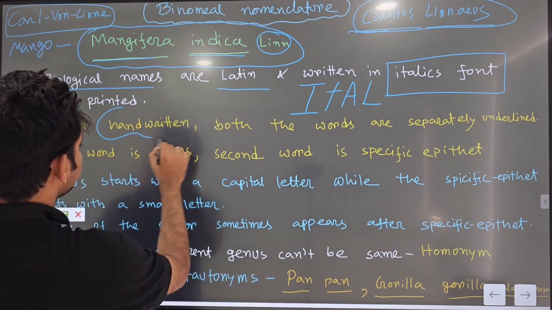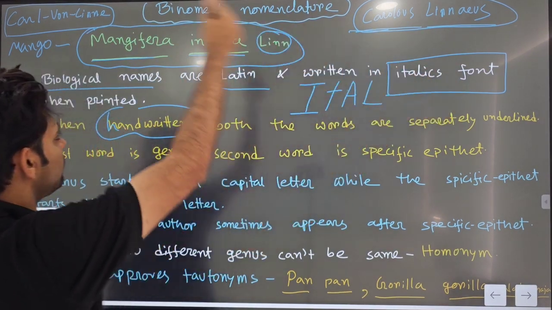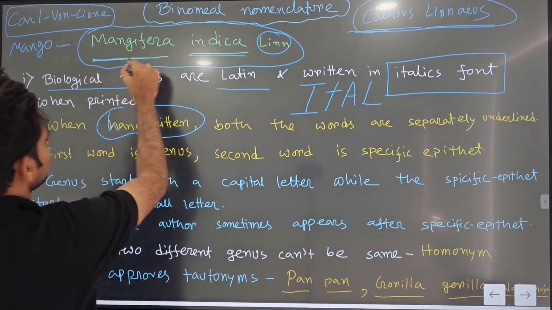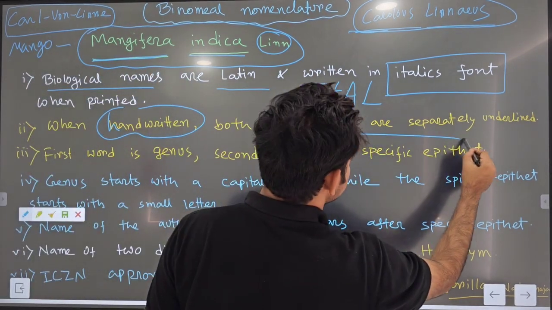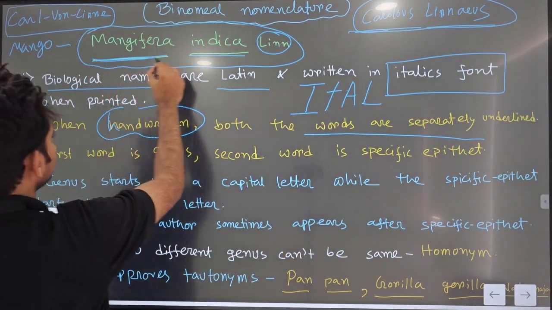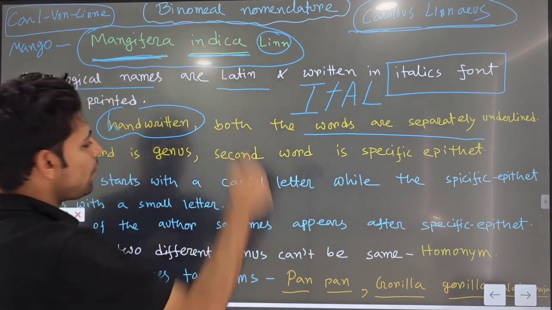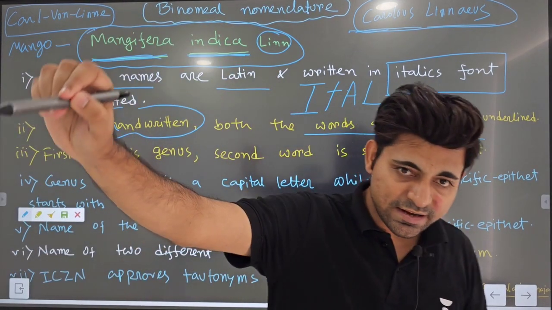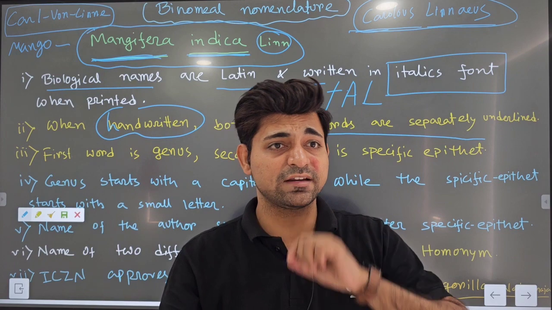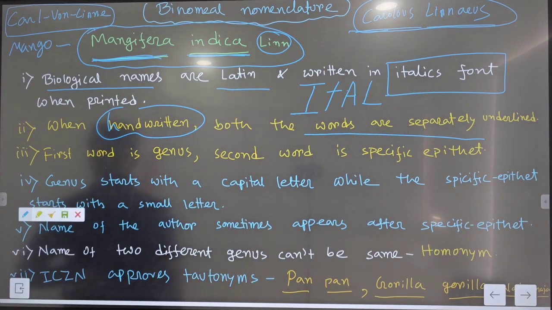So when we are handwriting a scientific name, both the words, individually and separately, you have to underline them. A binomial name has 2 words. If you are not underlining and you are handwriting a scientific name, even if the spelling is perfect and the name is perfect, it will be considered wrong.